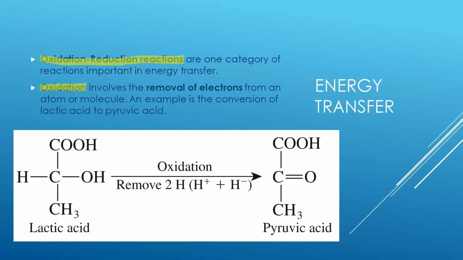So oxidation is the removal of electrons from an atom or a molecule. Now, the result is a decrease in potential energy of the atom or molecule. One way we can remember oxidation and reduction reactions is the helpful saying OIL RIG.